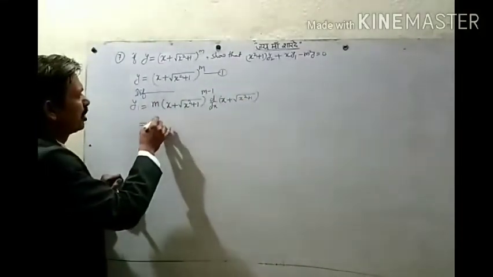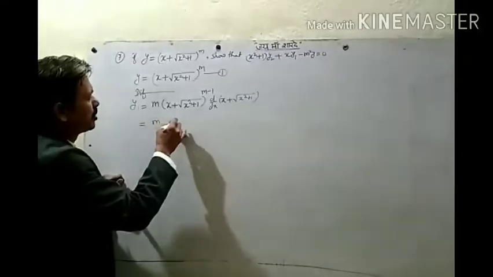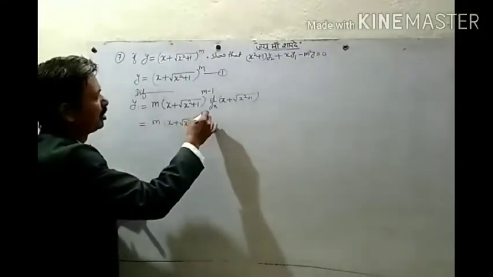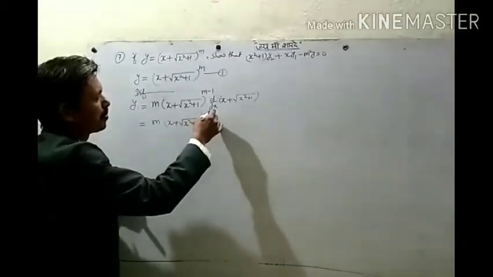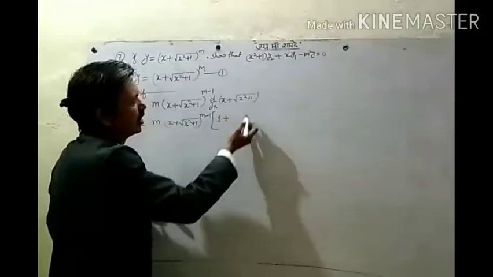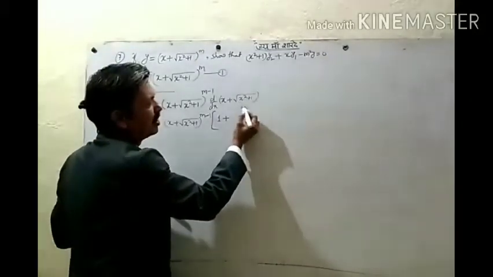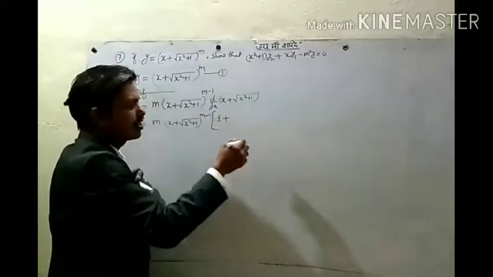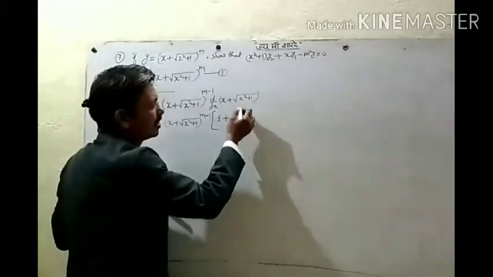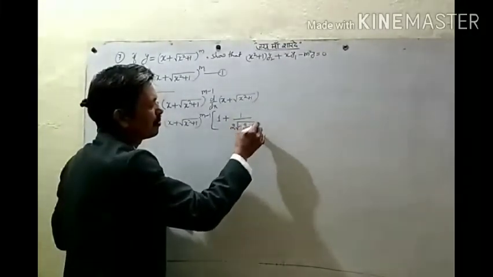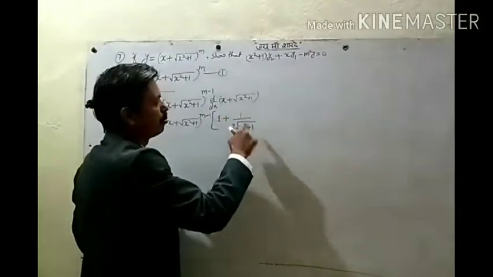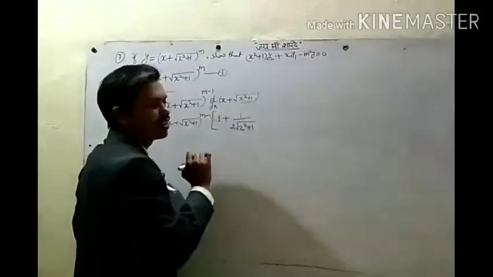And it is equal to m into (x plus root x square plus 1) to the power m minus 1. Now the derivative of this will be 1 plus the derivative of root x square plus 1, which is 1 upon 2 root x square plus 1, but it is not actually x square plus 1.